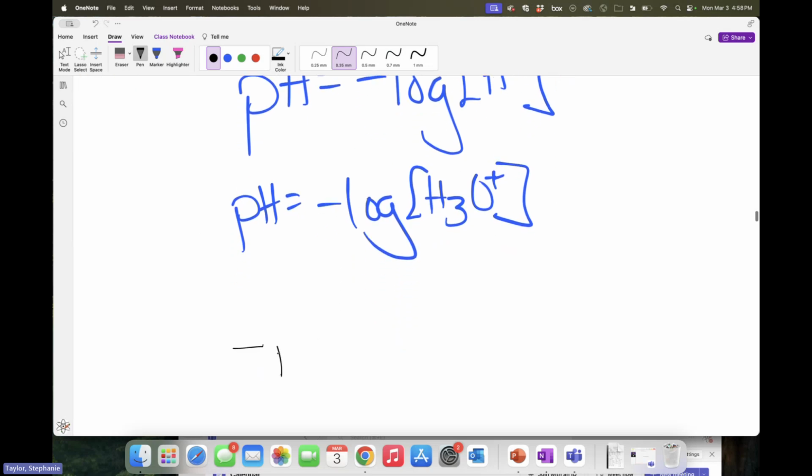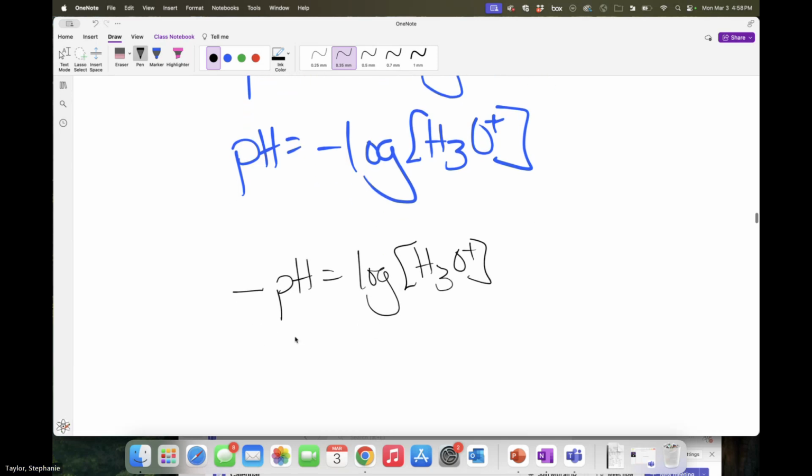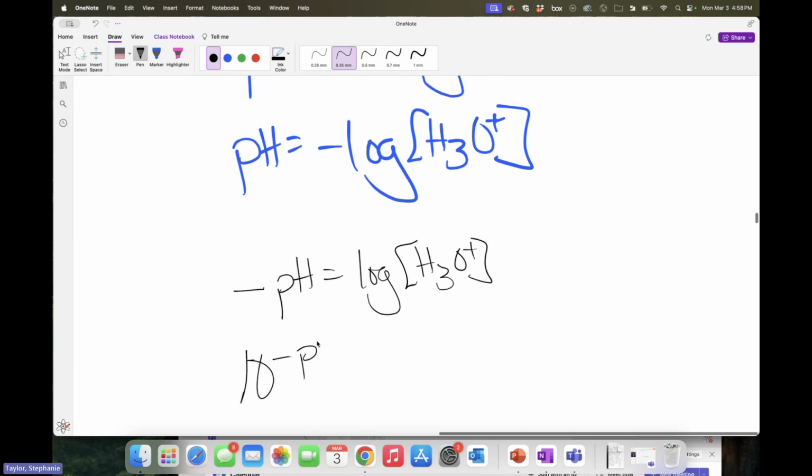So if I wanted to reverse this, I have to have the negative pH is equal to the log of my H3O plus, or 10 to the negative pH is equal to the hydronium concentration.